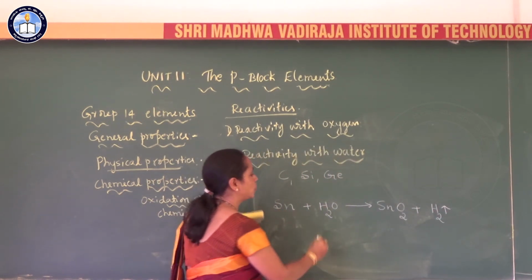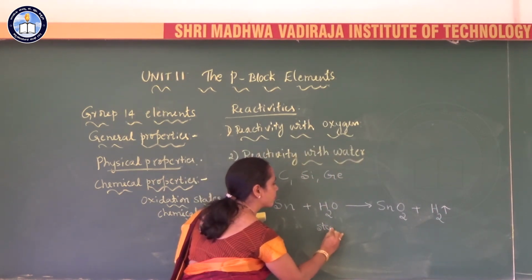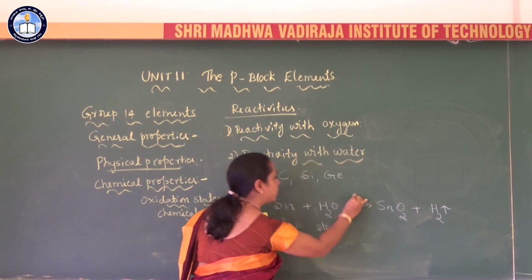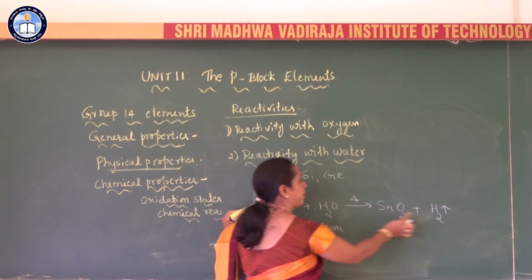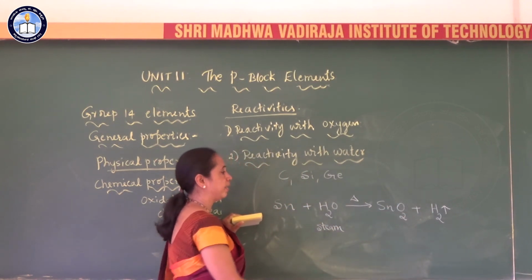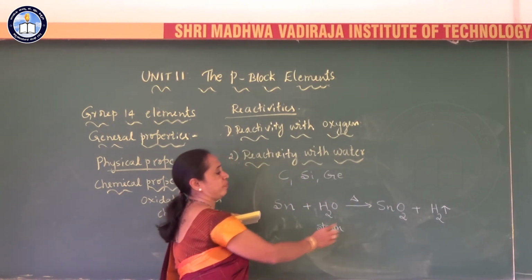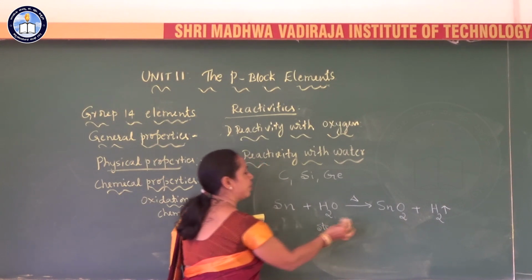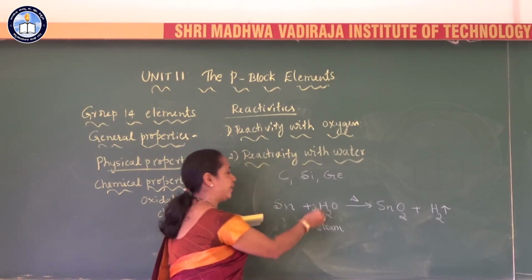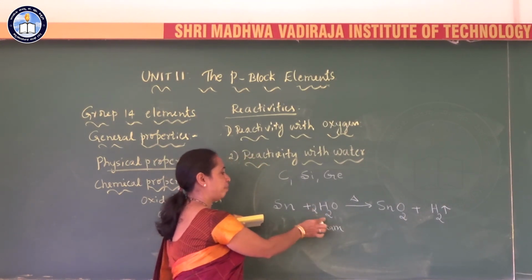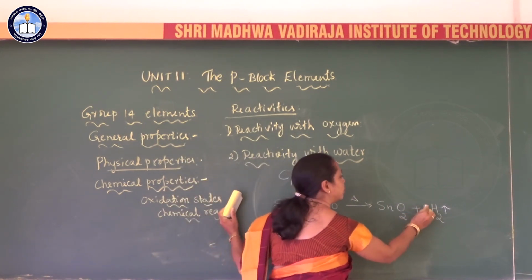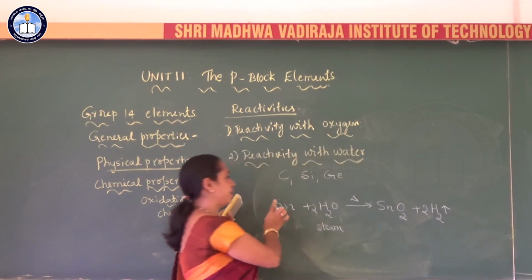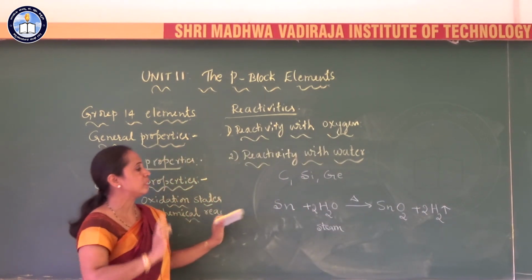So for steam we have to heat, and then tin reacts with water to give tin dioxide and hydrogen gas. In order to balance this equation, there are 2 oxygen atoms, so you have to write 2 here. Then hydrogen becomes 4, so to balance the hydrogen it should be 2. So this is the reaction of tin with steam.